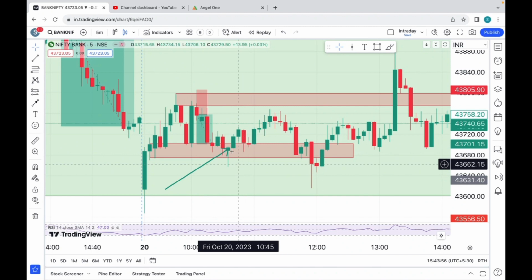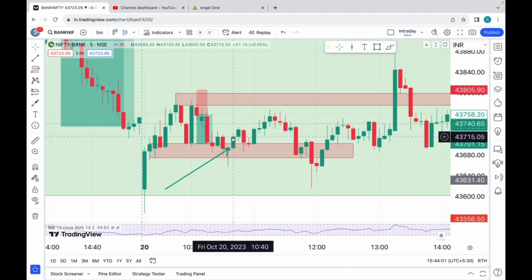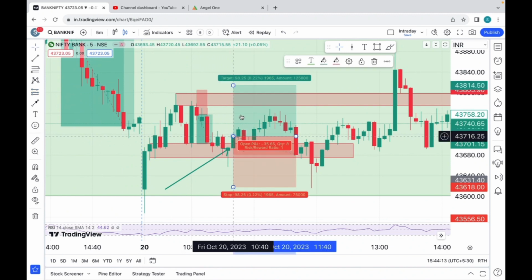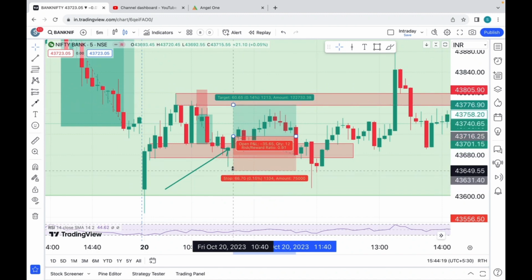So even if you would have entered there, you would have seen a green candle after that, which means the second confirmation candle is also bullish. So there was a kind of chance there for the call option, where the stop loss would have been that and your risk would have been this.